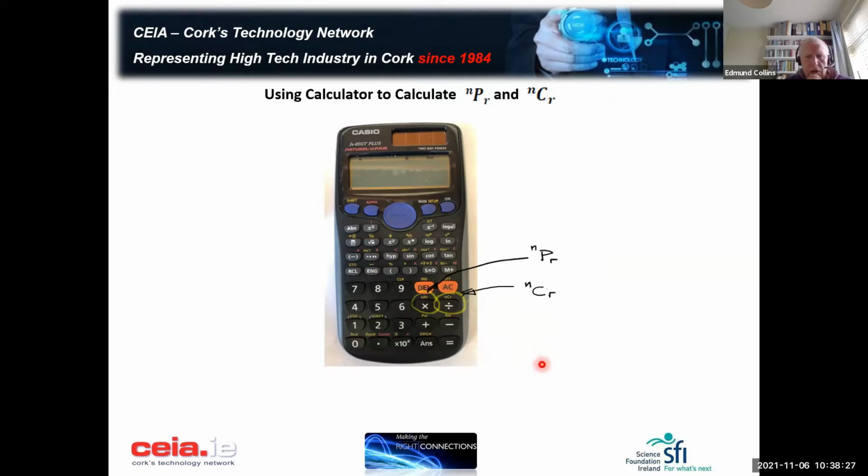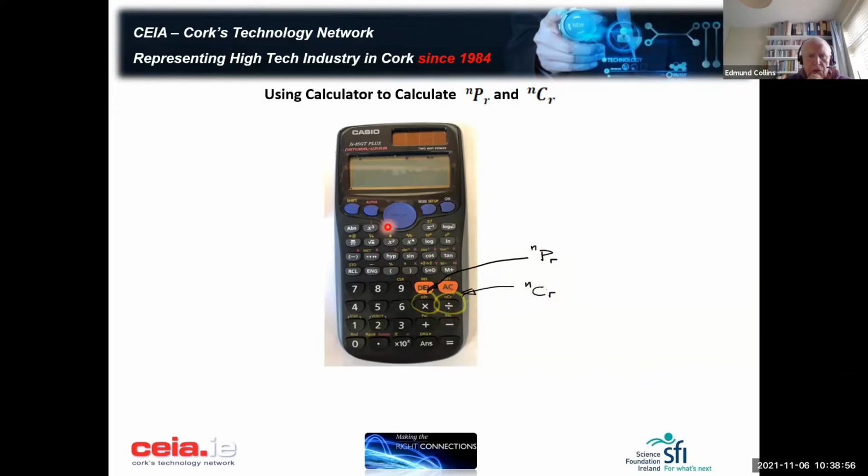It's a good resource, the exam website. You can also get past papers, solutions, and so on. This is my calculator, a Casio scientific calculator, and as you can see here, there's two options, one for nPr and this option here for nCr.